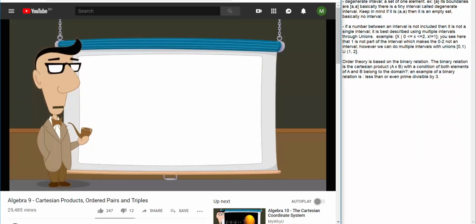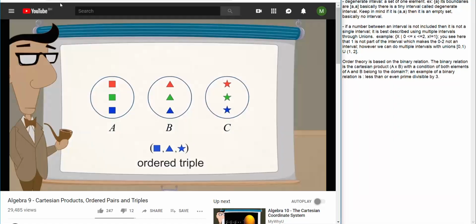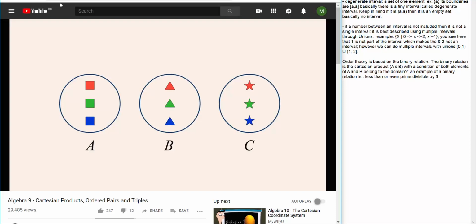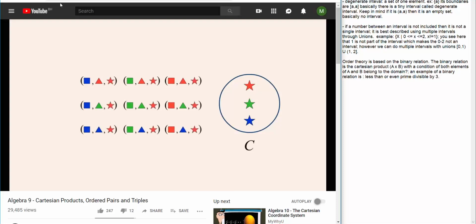Cartesian products can also be formed from more than 2 operand sets. For example, we can form the Cartesian product of 3 sets A, B, and C by repeatedly selecting one element from each set to form ordered triples. To create every possible ordered triple from 3 sets, we can start by forming the Cartesian product of sets A and B as we did before, and then choose one element from set C as a third element of the ordered triple.